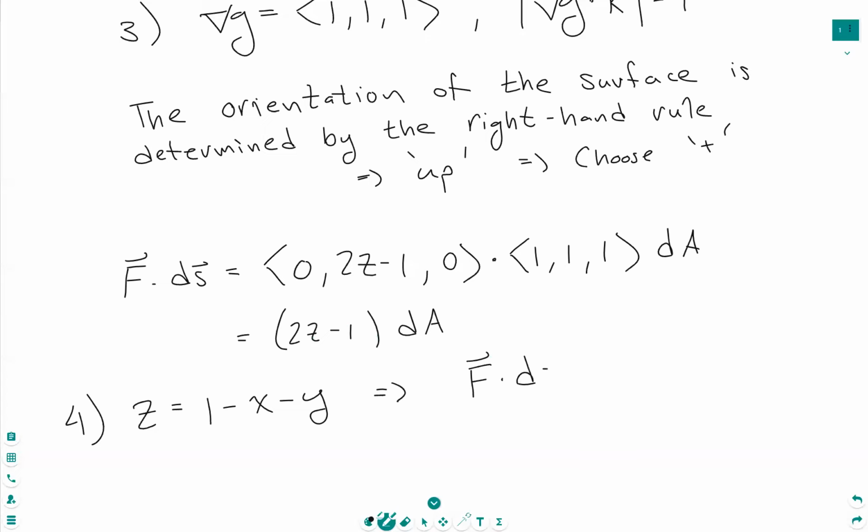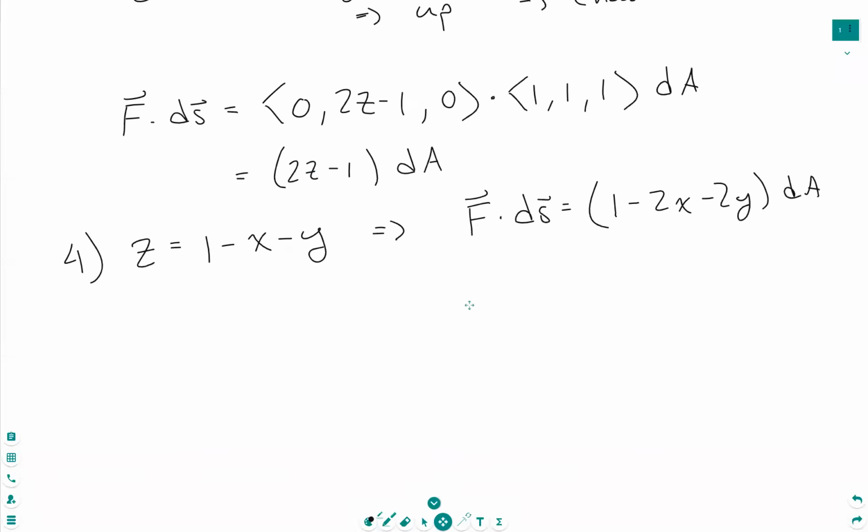So our F dot dS therefore becomes, we had this z in here, this will become 1 minus 2x minus 2y dA. Okay, and then we are all ready to set up our surface integral.